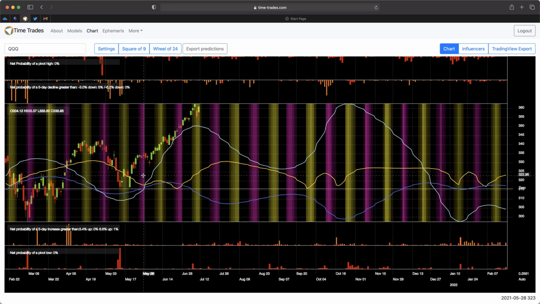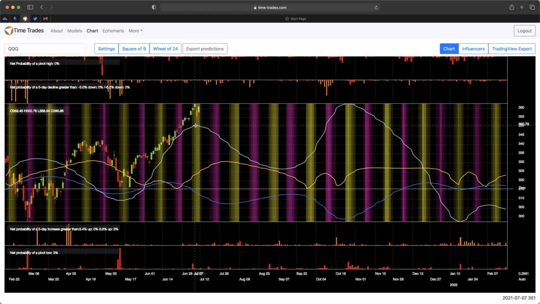So maybe we're going to bookend this move with light blue topping and at least have it make a local top in the market. By the way, when interpreting these short-term waves, just ignore the price scale. They're not measured in price.